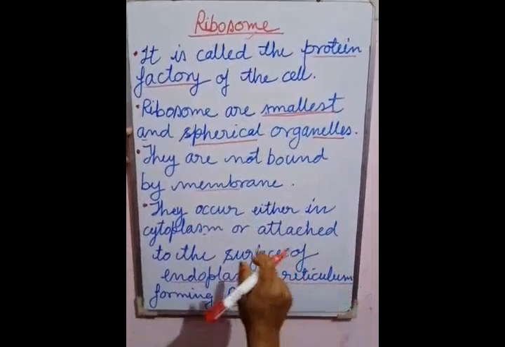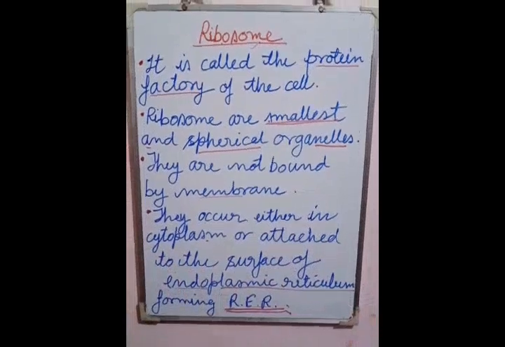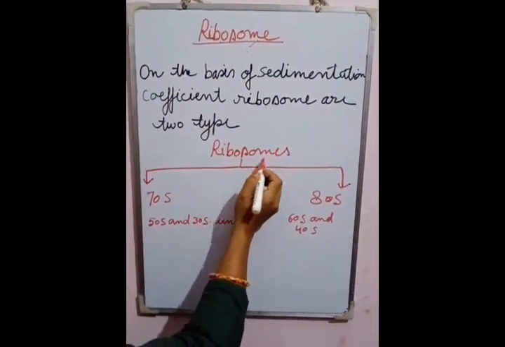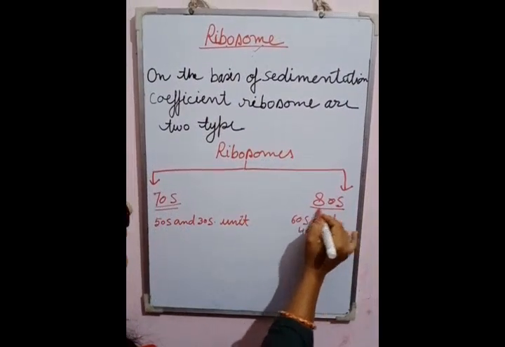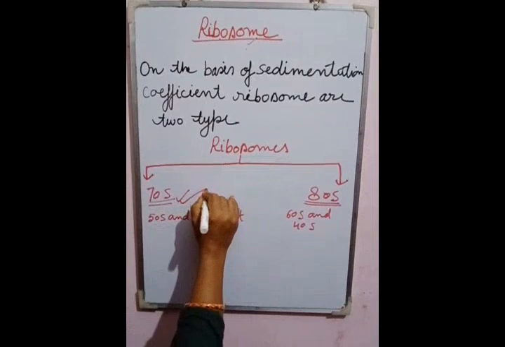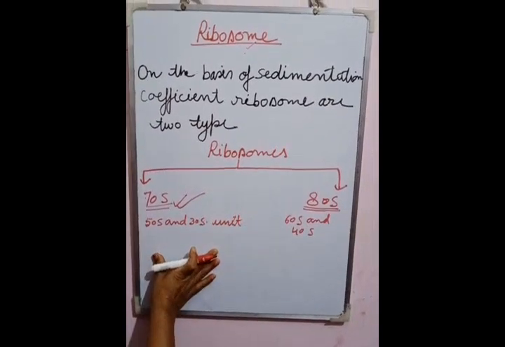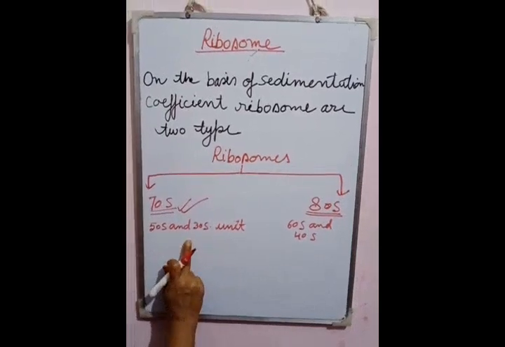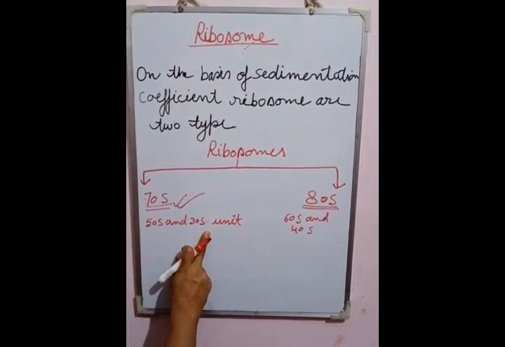Now come to the types of the ribosome. Ribosomes are of two types, 70S ribosomes and the 80S ribosomes. 70S ribosomes are found in the prokaryotic cell and the mitochondria and plastid also. So they are called the autonomous cell organelles.